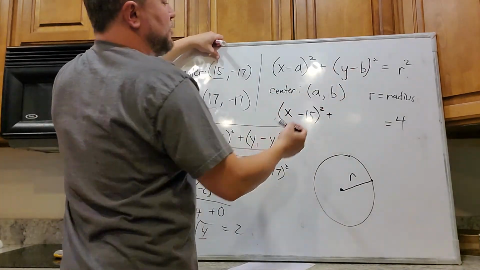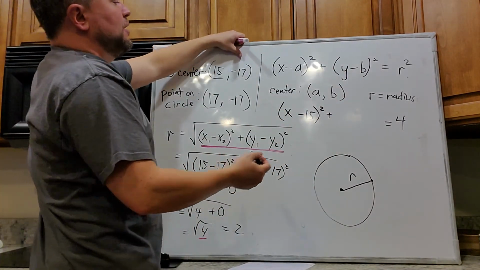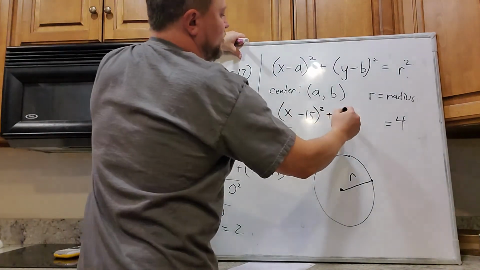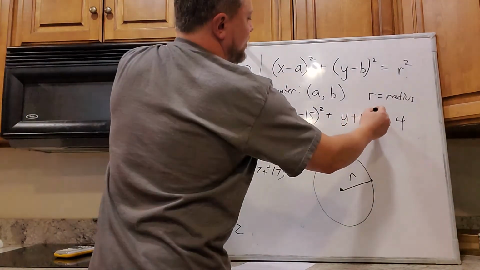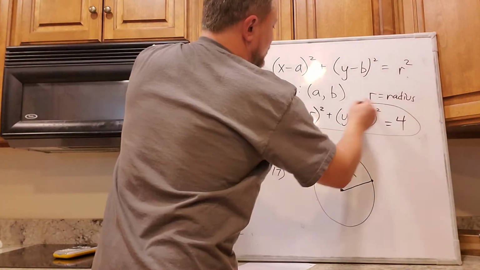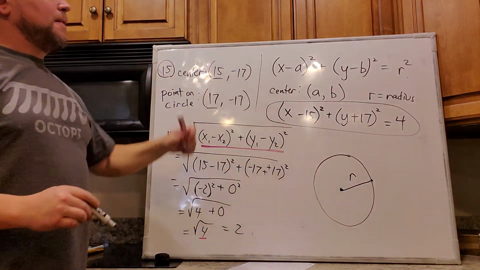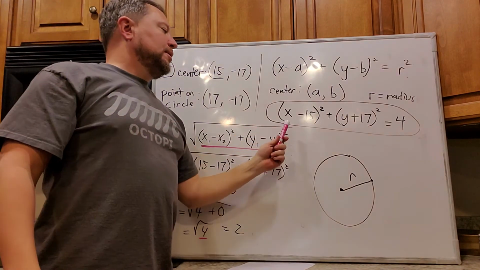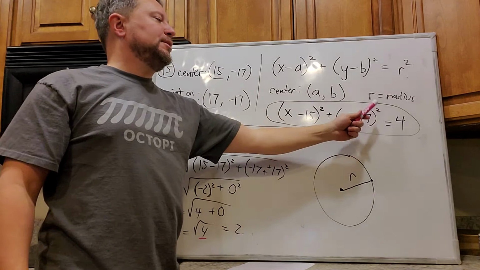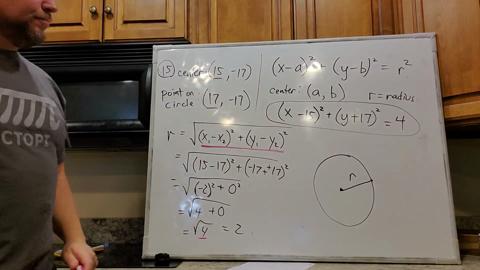The second part over here that we're going to add on is the opposite of the y value. So instead of negative 17, it'll be a plus 17. And that quantity gets squared as well. So there's the final answer. The equation for this circle is the quantity x minus 15 squared plus the quantity y plus 17 squared equals 4.